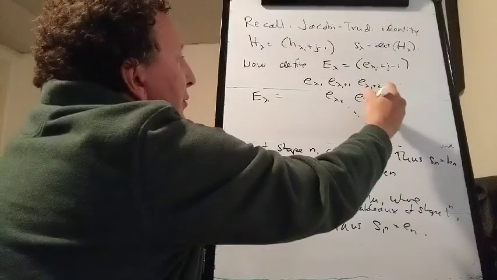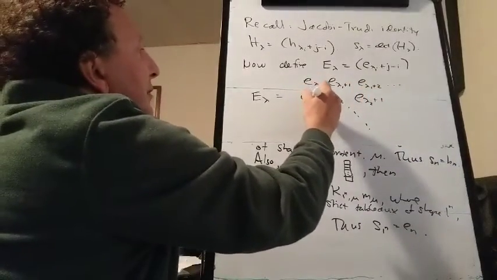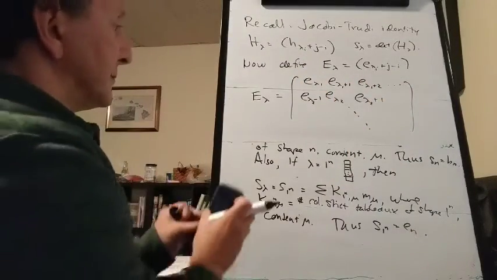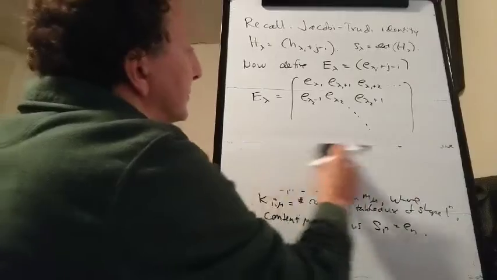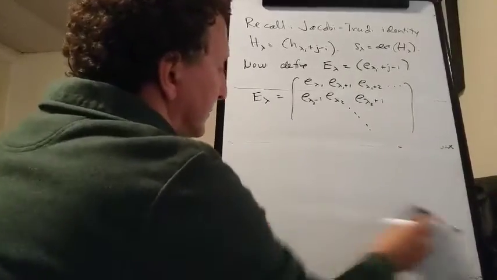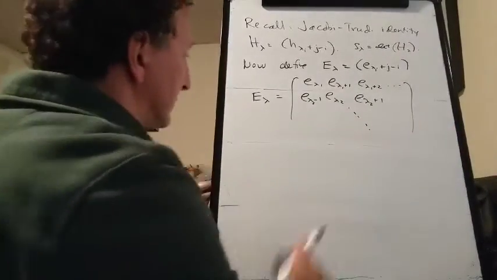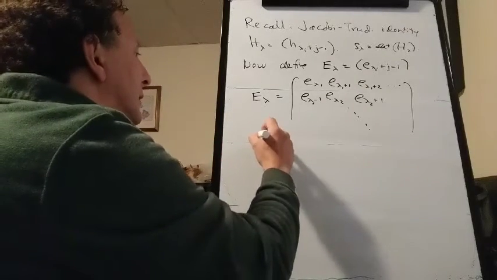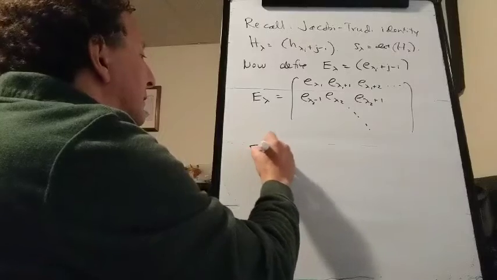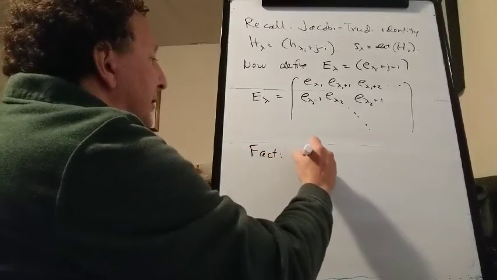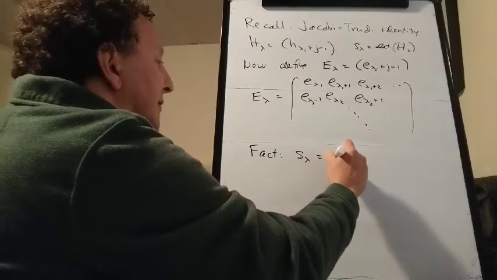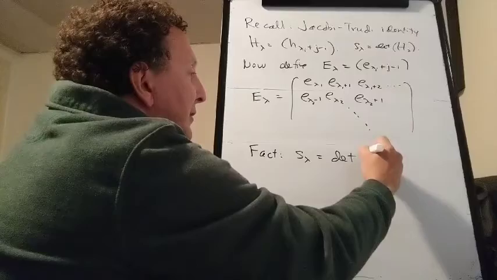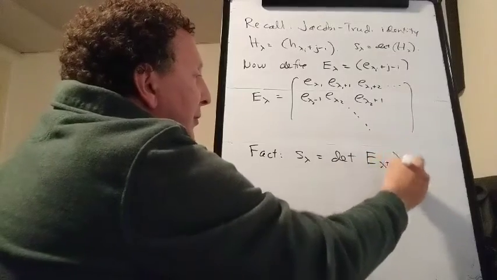So this will be e lambda 2 plus 1, e lambda 2 minus 1, etc. So it turns out that the Schur function S lambda is a determinant of E lambda transpose.